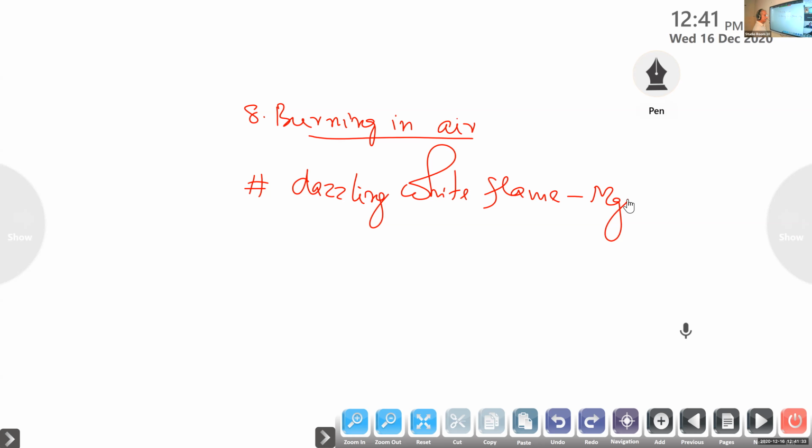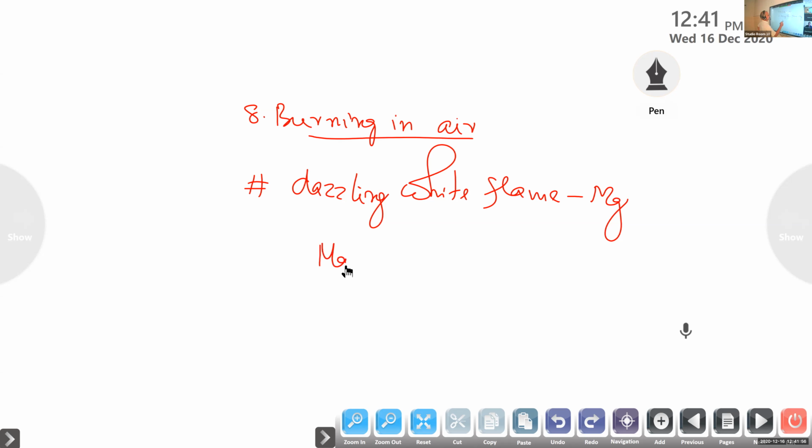Nitrogen is somewhat inert, but due to the vigor of the reaction, magnesium can combine even with nitrogen, with the formation of magnesium nitride.